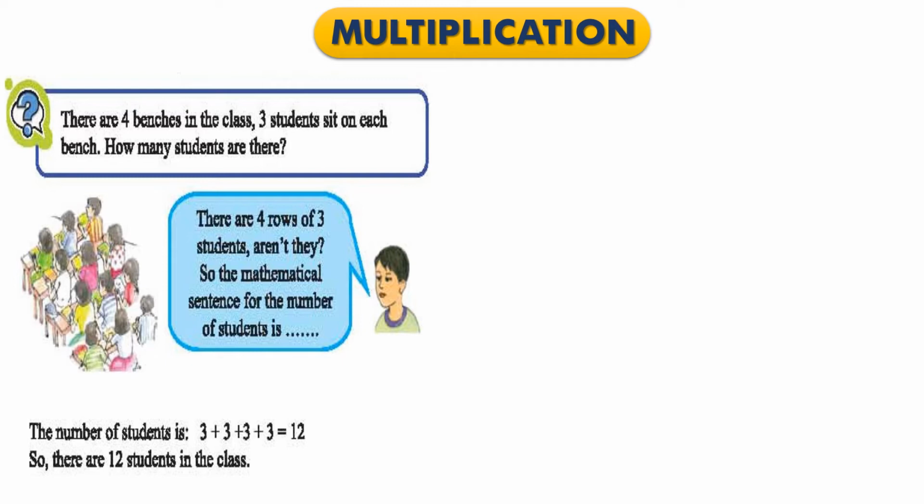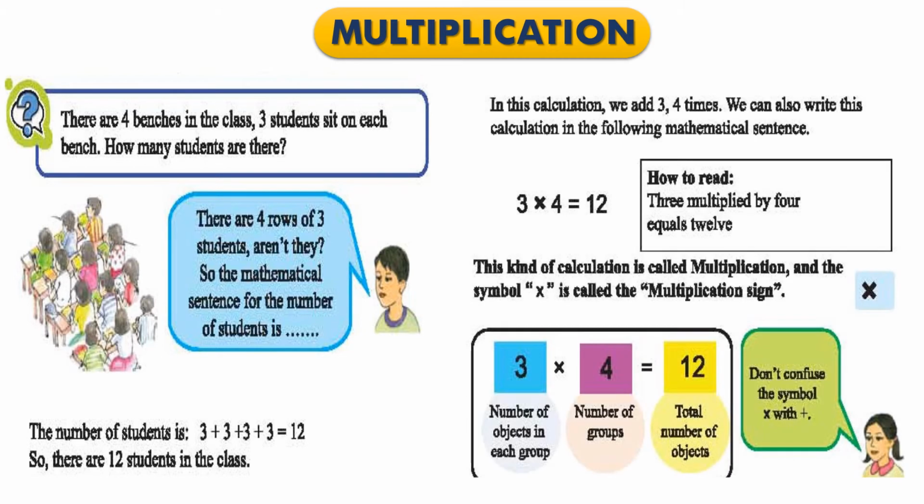The boy says that there are 4 rows of 3 students, aren't they? So the mathematical sentence for the number of students is 3 plus 3 plus 3 plus 3, which is equal to 12. So there are 12 students in the class. But still we don't have any idea what multiplication is all about. Let's have a look at another picture. It will be clear for you.